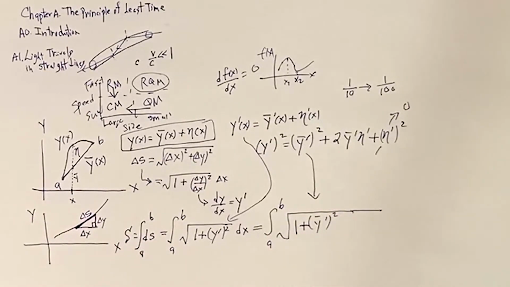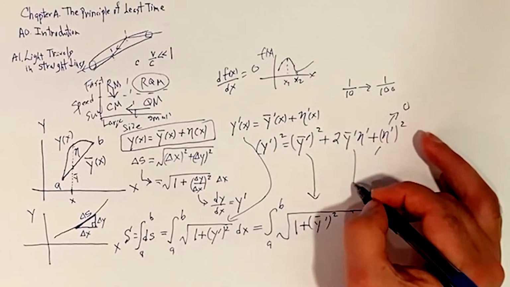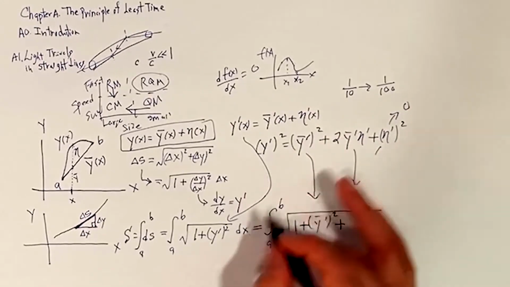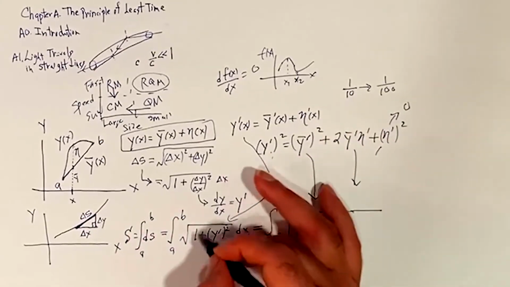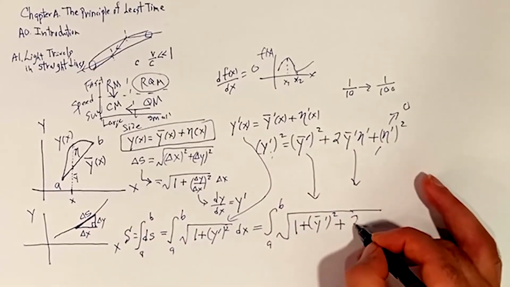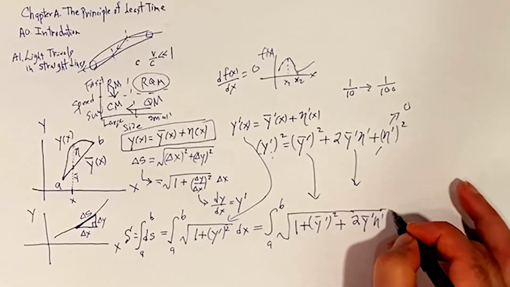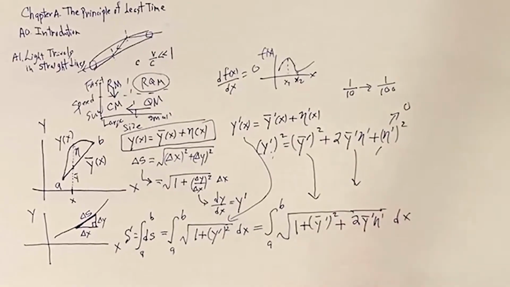And then the next piece goes in, because you're taking a square root of this thing, so that's going to be 2 y bar prime eta prime. And then there's the dx. So that's the setup.